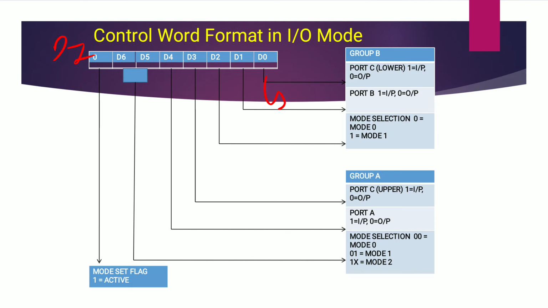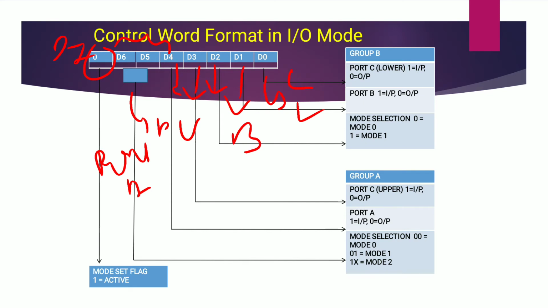D0 bit is for port C lower, D1 is for port B, D2 is for mode selection for port B, D3 is for port C upper, D4 is for port A, D5 and D6 are the mode selection for port A, and this last bit D7 is the mode set flag.